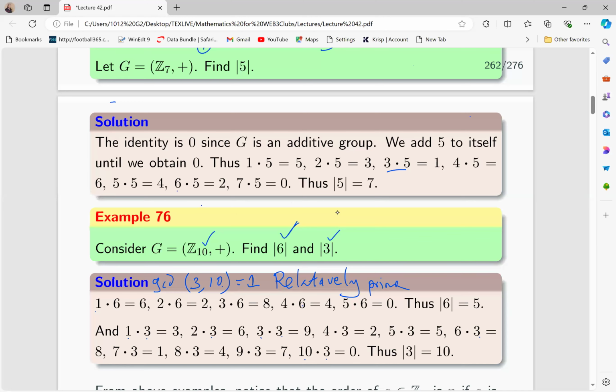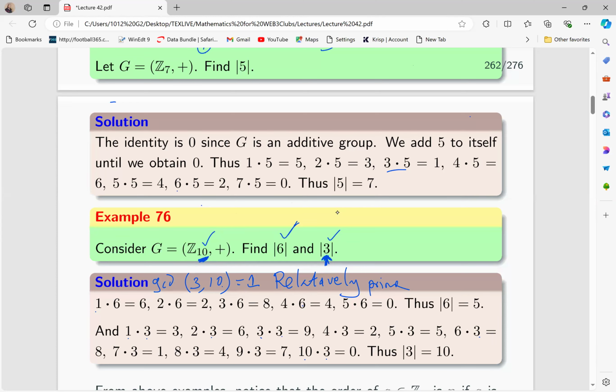Now, if the number whose order we are looking for is relatively prime to n here, then we expect that the order of this number will be n.